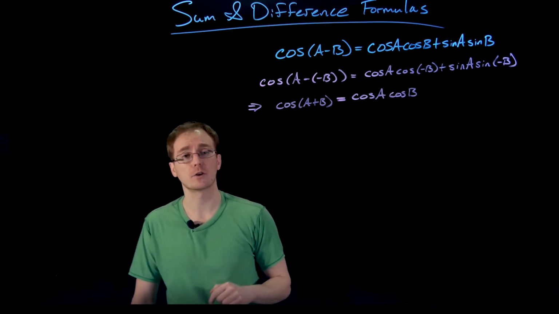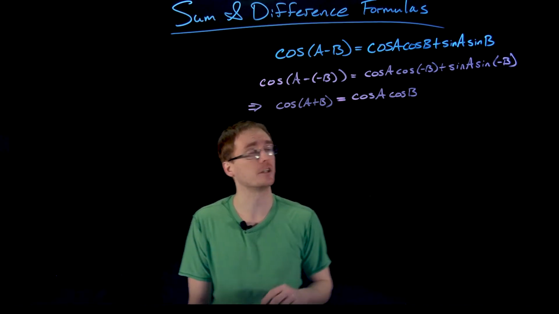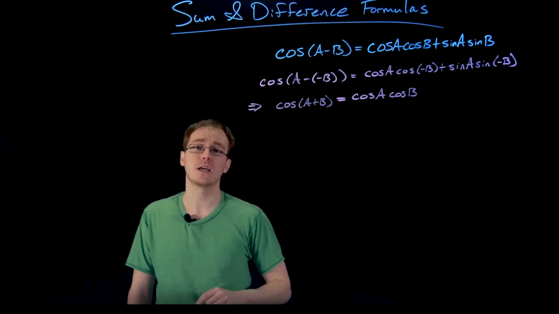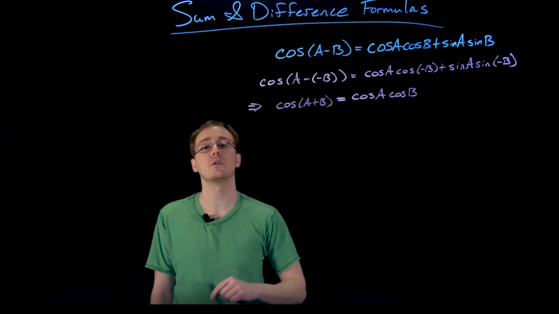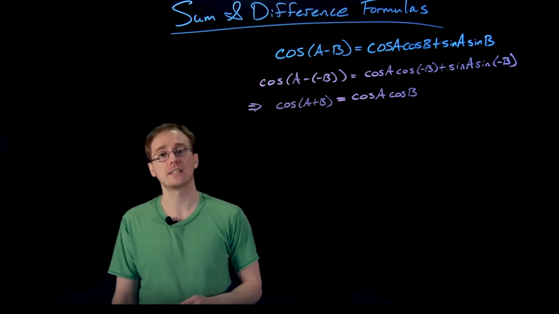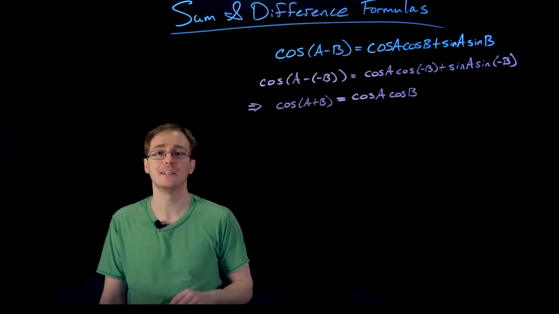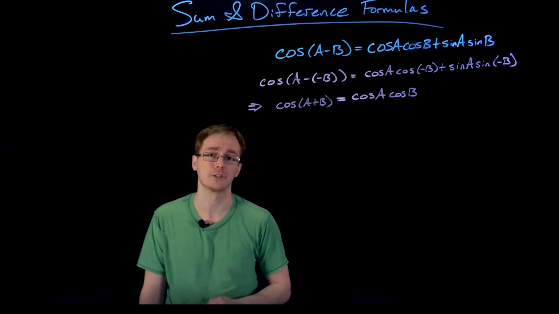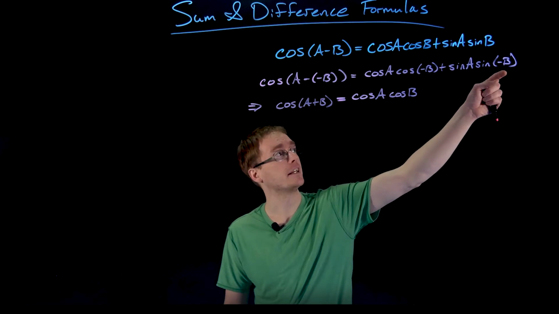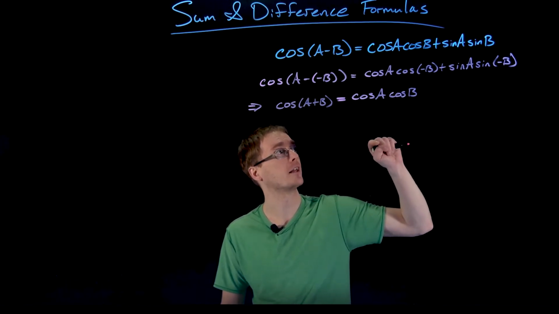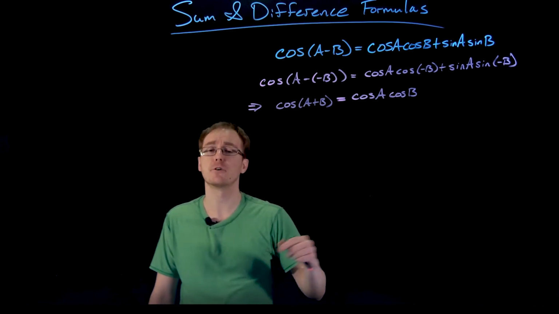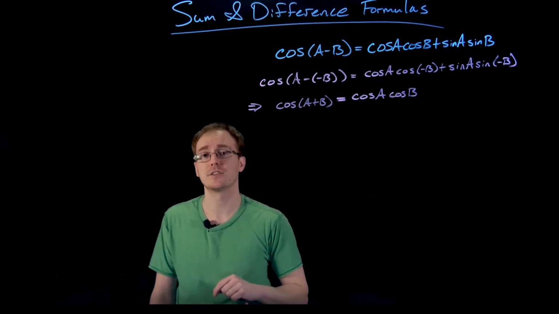We're going to use a similar corresponding property for our sine function. However, if we remember the symmetry of our sine function, it wasn't even, it was one of those odd functions. The odd functions have that rotational symmetry about the origin, where a horizontal reflection is the same as a vertical reflection. And so sine of negative b we can think of as a horizontal reflection, or we could also think of that as a vertical reflection, which is negative sine of b.